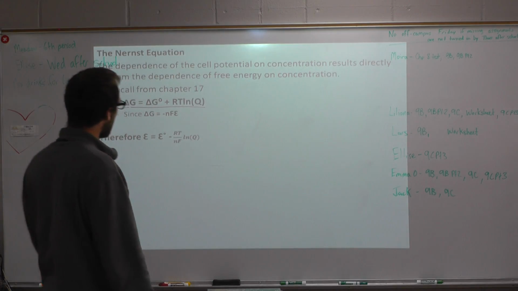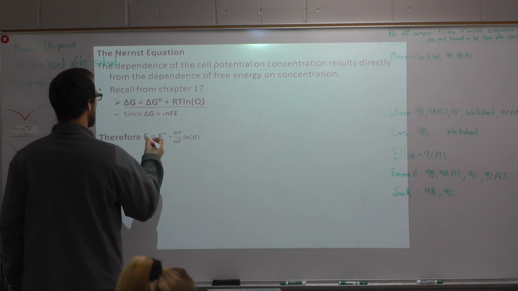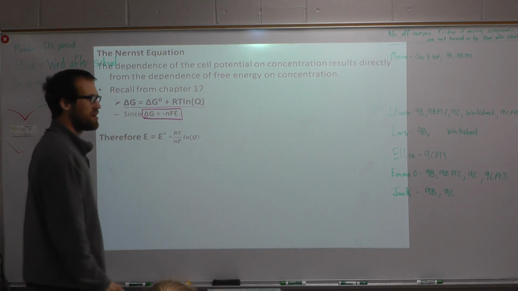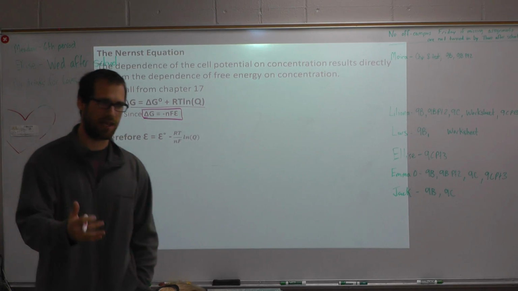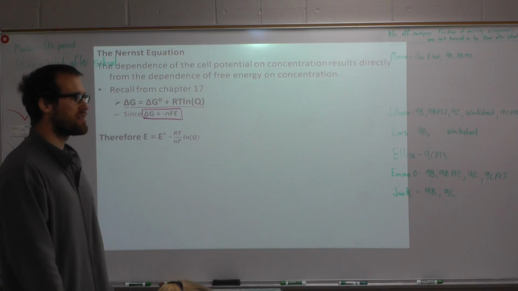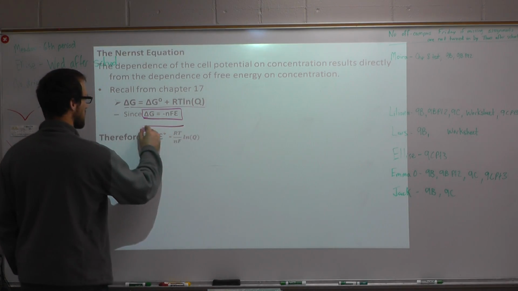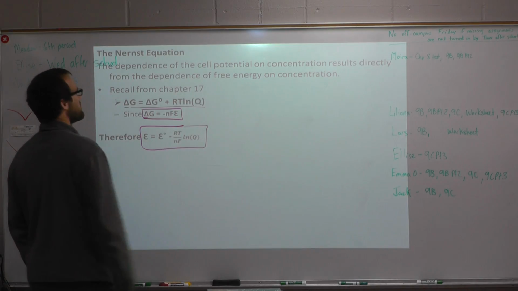However, since we know that there's a relationship between our cell potential and Gibbs free energy, we could plug this in, and that's where we get this equation, which is the Nernst equation.